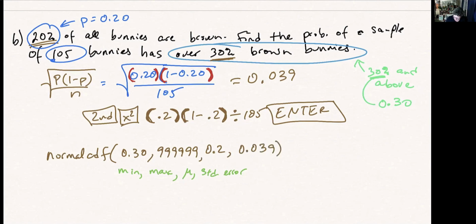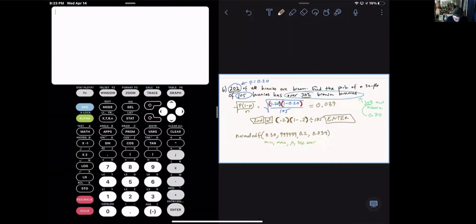So now let's go to our calculator. Clear. Second bars, normal CDF, 0.3, 99999, 0.2, 0.039. Enter. There we go. 0.005. Highly unlikely to have a sample of over 30%.